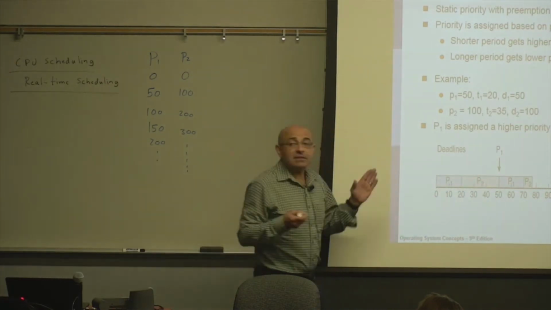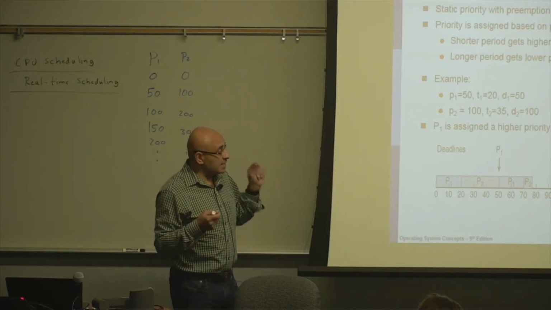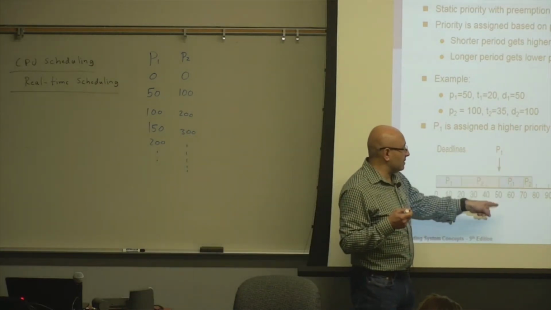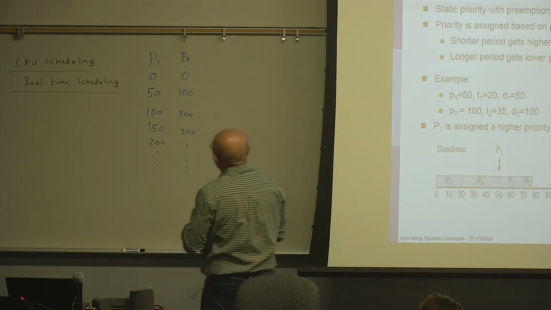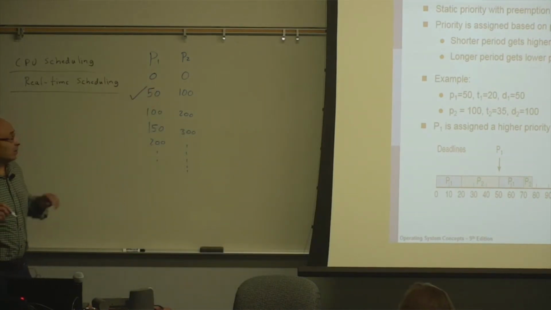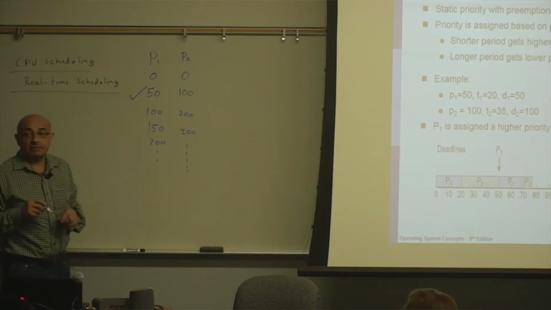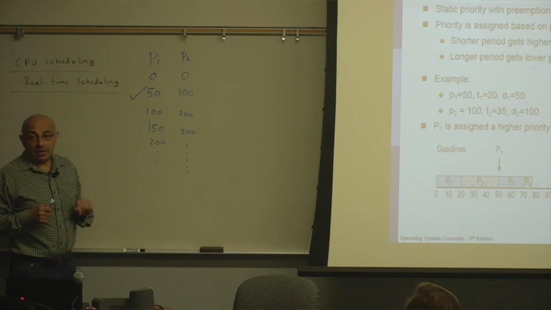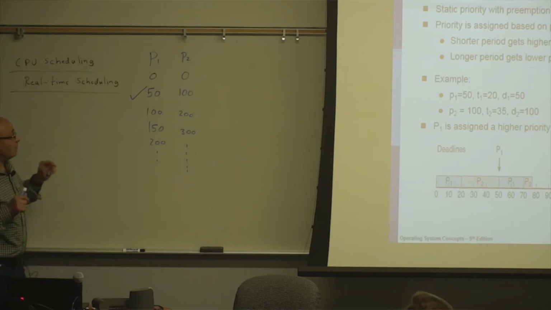So there is an event here, which is the arrival of the second CPU burst of P1. So the event that will take place at time 50 is the arrival of the second burst of P1. These bursts keep arriving periodically, and whenever a new burst arrives, the system will have to respond to that and make the scheduling accordingly.